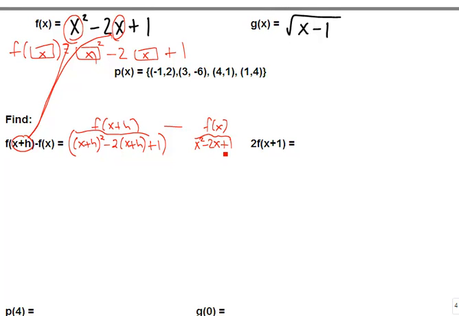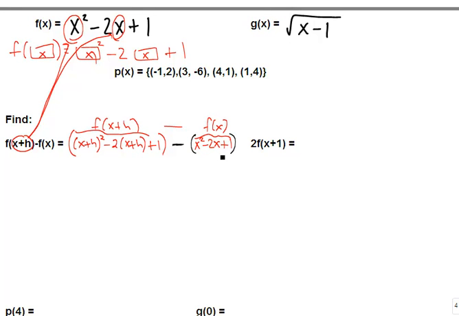And now what we want to do is subtract these two things from each other. And here's a really common mistake. When we subtract f of x plus h minus f of x, remember that all three of these terms right here made up f of x. So we want to make sure that we subtract all three of them from this quantity up here.